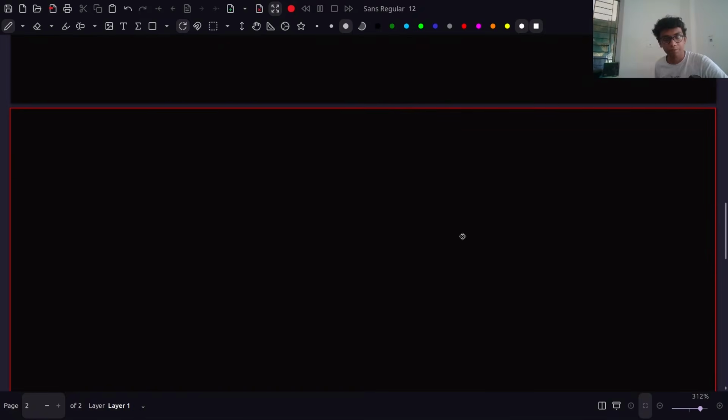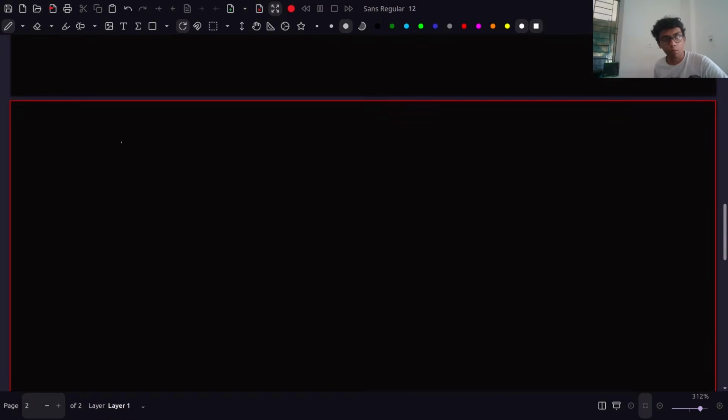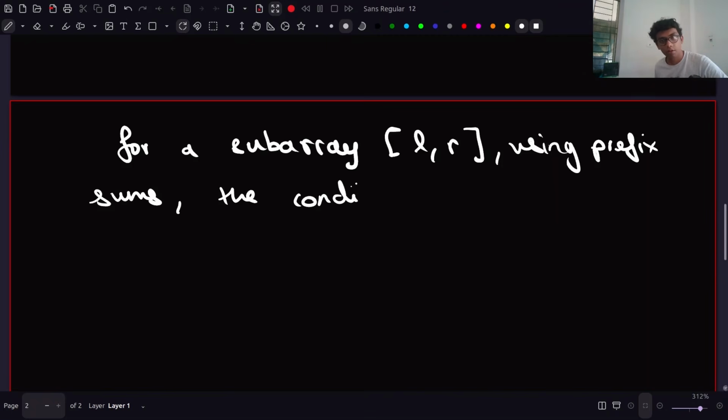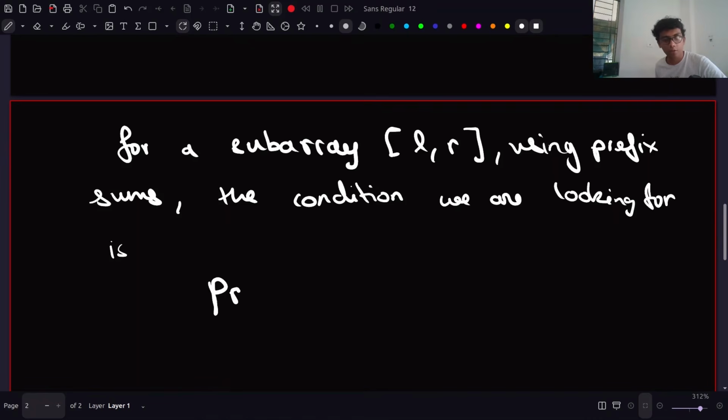So for example, for a subarray LR, using prefix sums, what is the condition we are looking for? We know how to find the subarray sum using a prefix sum.